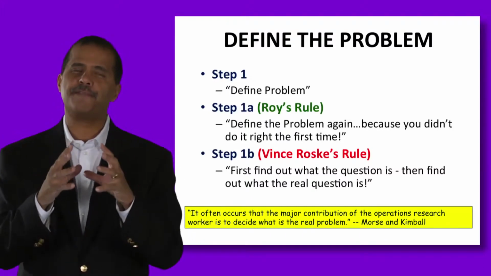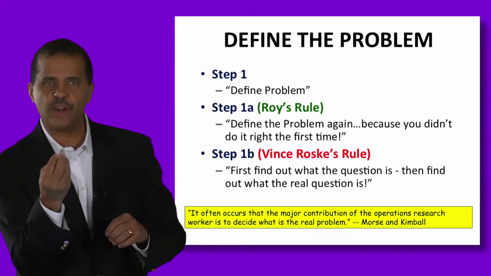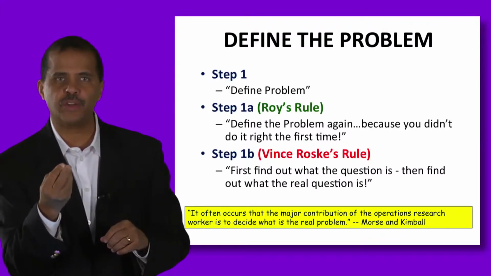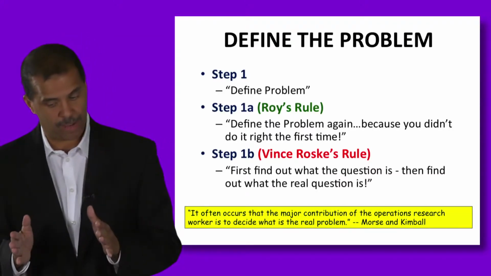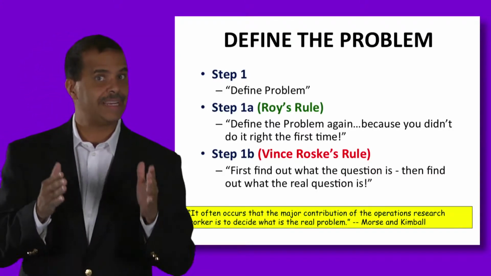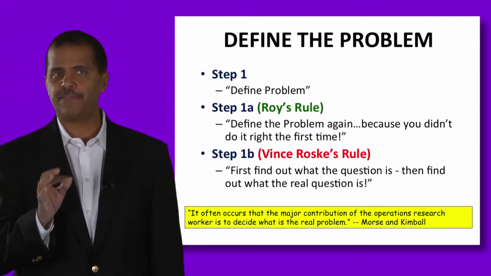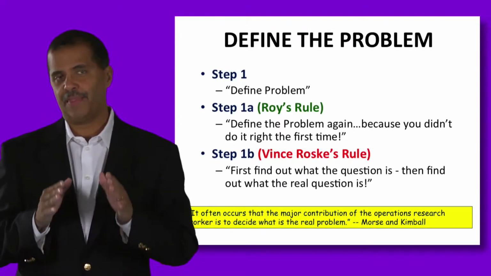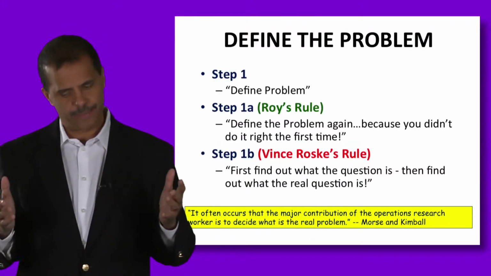Fundamentally, when you're thinking about defining the problem, ask yourself, what is the question? Sometimes the formulation of the right question can result in really defining the problem. Then you go back to Royal's rule, and you have to redefine the problem. So when you're at this problem formulation or definition phase, this is not the time to be efficient. This is the time to be effective. And to be effective, you have to deliberate.